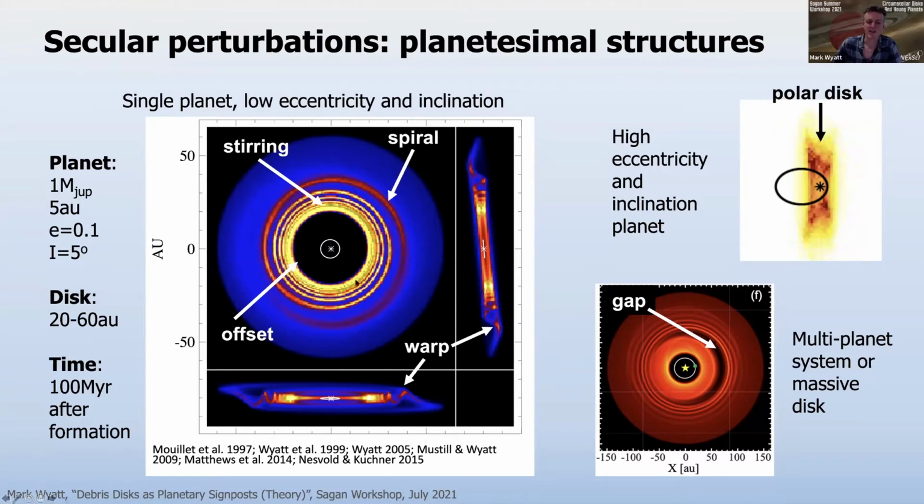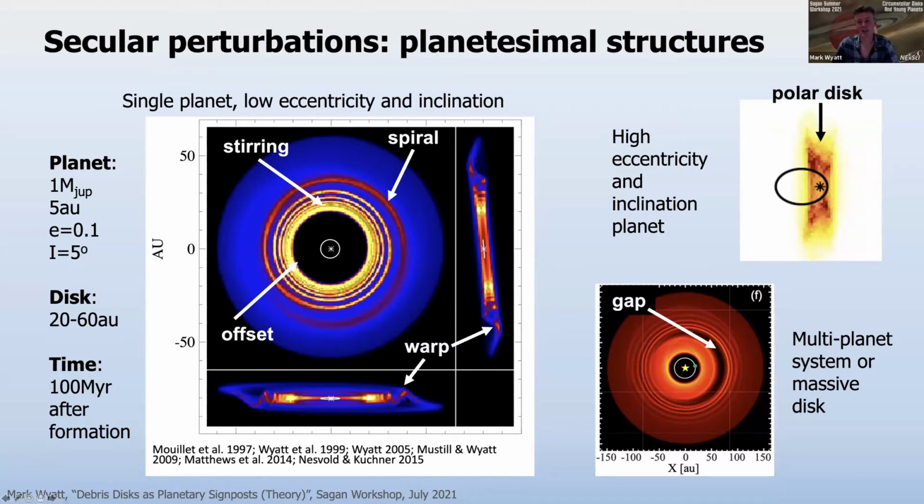This inner edge is also eccentric, which means that the star is no longer at the center of the disk.